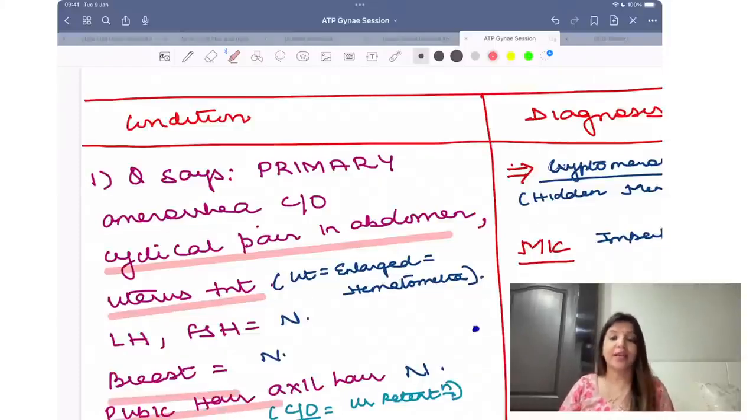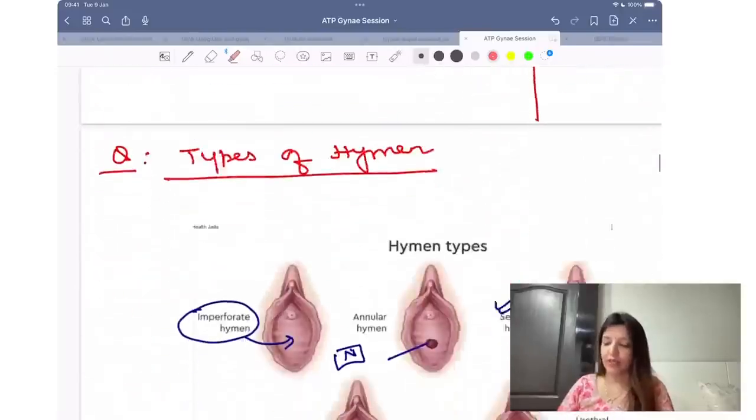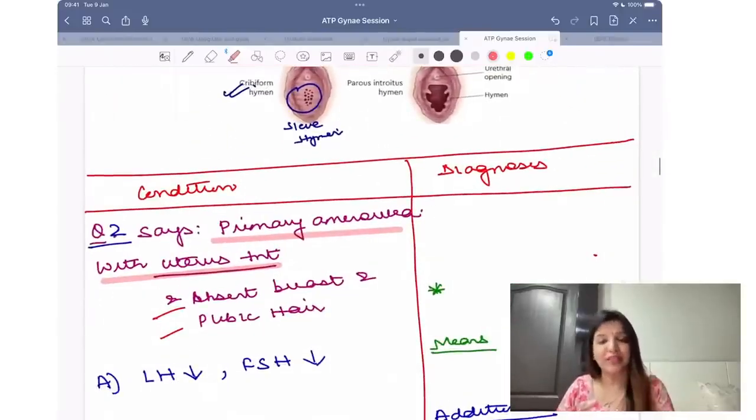Right now they are saying that there is primary amenorrhea where uterus is present but breast and pubic hair are not present. Now in this case you have to see, because there can be multiple conditions.